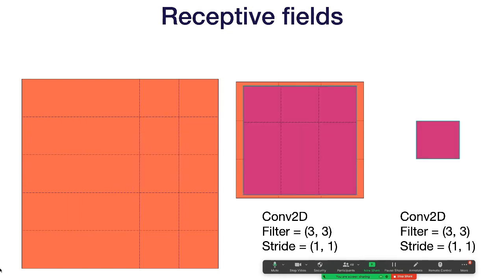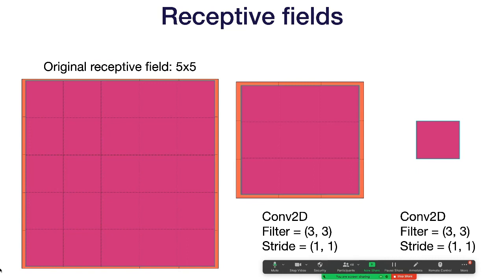One way we can increase the receptive field is by stacking convolutional operations. So in this case, if we have a 5 by 5 input and then we apply two 3 by 3 convolutions, the last output sees all 9 pixels in the intermediate, and each of those sees 9 inputs in the original image.